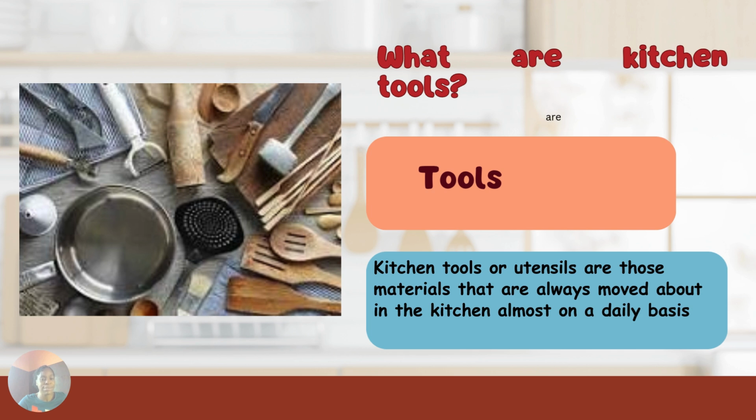Those utensils that we use daily in the kitchen are what we call kitchen tools. You can see from the picture we have spatula, ladle, table knife, a fork, and many other small kitchen tools.